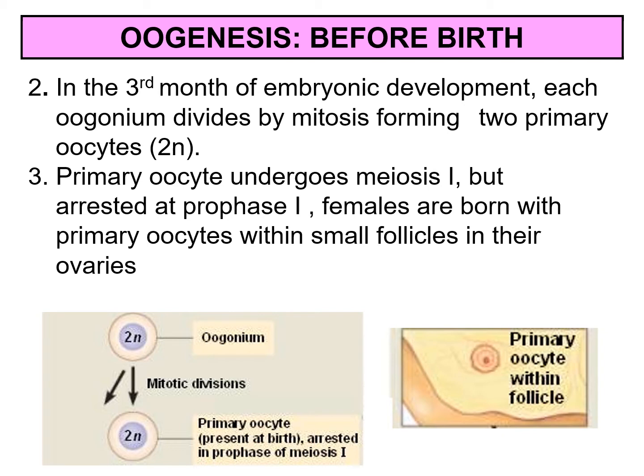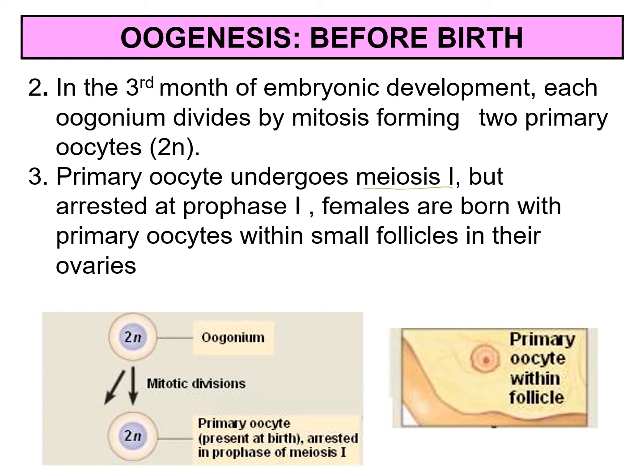During the third month of embryonic development, the oogonium will divide by mitosis to form two primary oocytes. The primary oocyte will then undergo meiosis 1 to start the formation of the gamete.